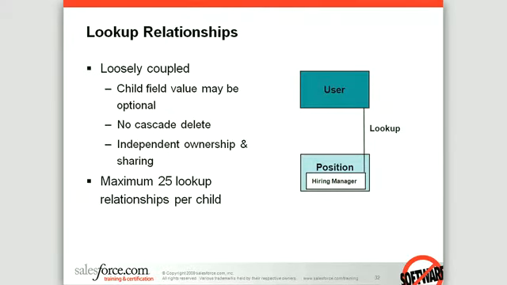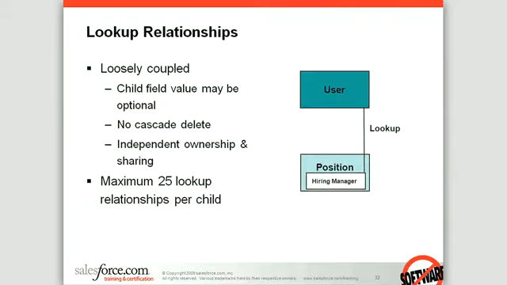So what's the difference between a lookup relationship and a master detail relationship? Like I said, there are 2 main types of relationships. In general, a lookup relationship is loosely coupled with the other record. A master detail relationship is tightly coupled with the other record. So what's the difference? Loosely coupled means that the child may or may not have a related parent.